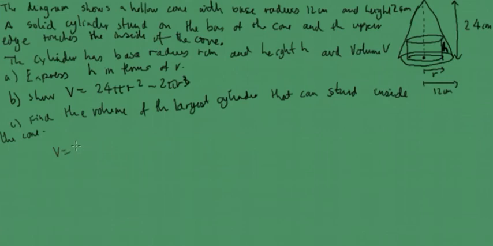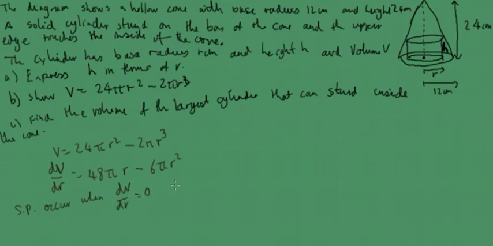So we have V as 24 pi r squared minus 2 pi r cubed. dV by dr is going to be 48 pi r minus 6 pi r squared. So stationary points occur when dV by dr equals 0.